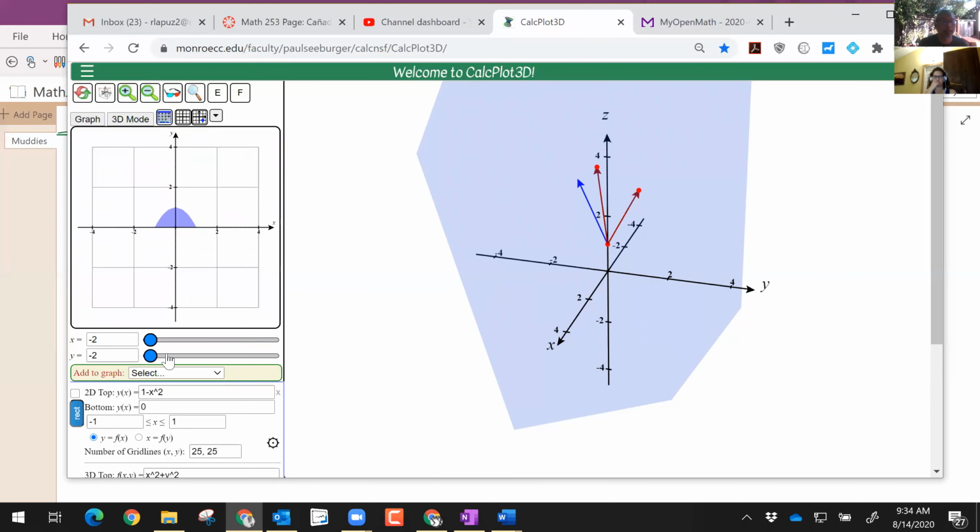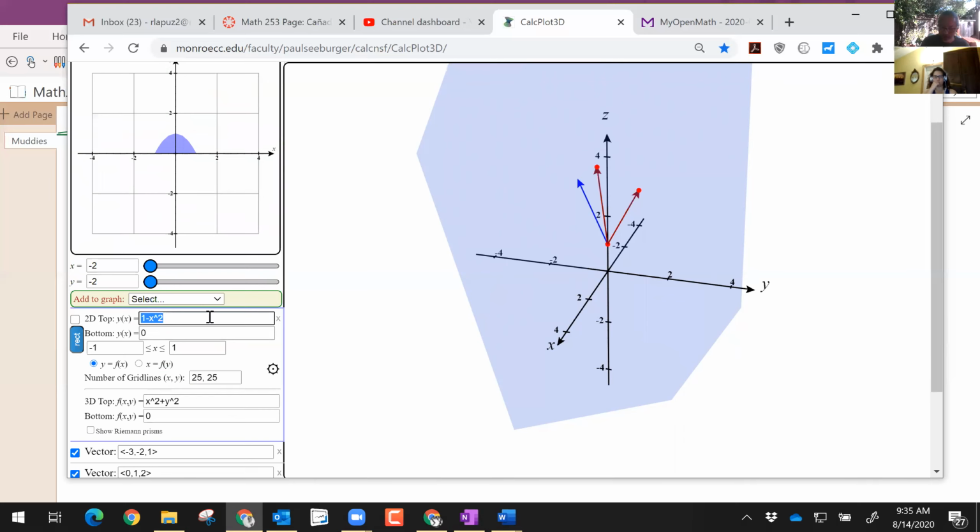In our two-dimensional region, the y values are going to go from 0 to 1, and the x values are going to go from 0 to 1. So those were our limits. And then let's just simplify this with smaller grid lines. And then this is the plane that we're looking for.